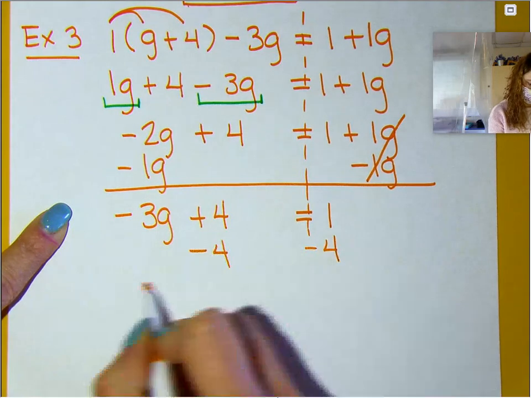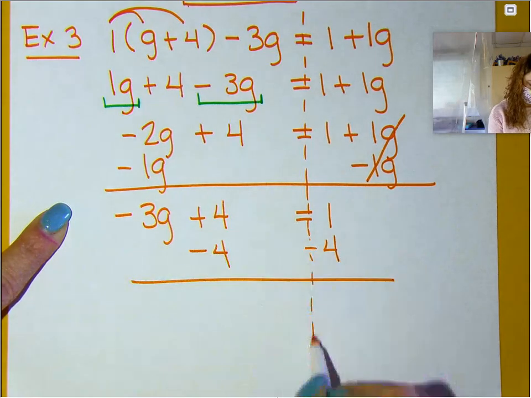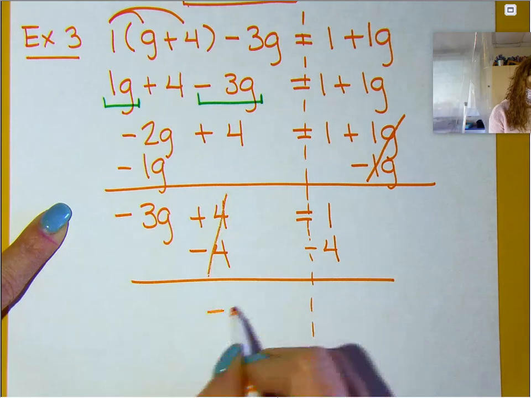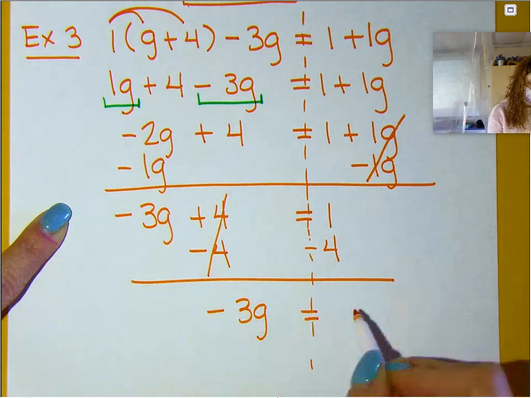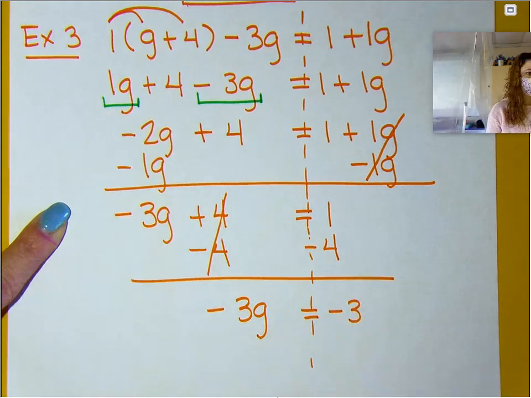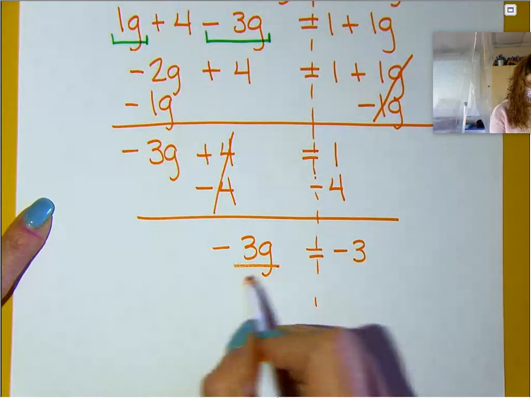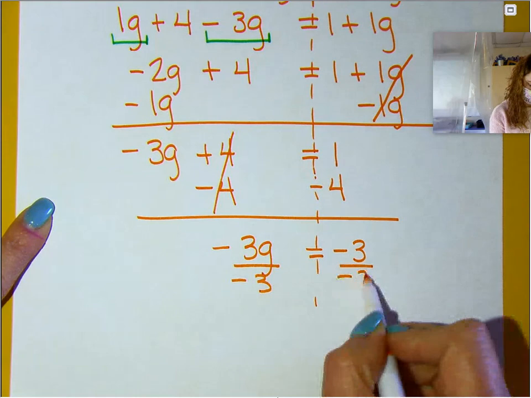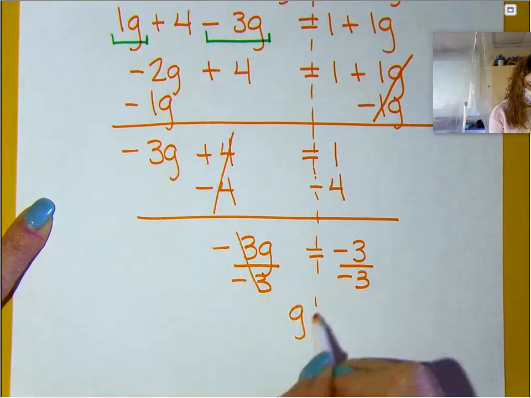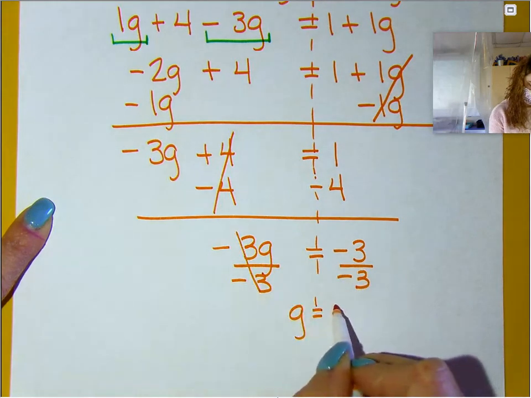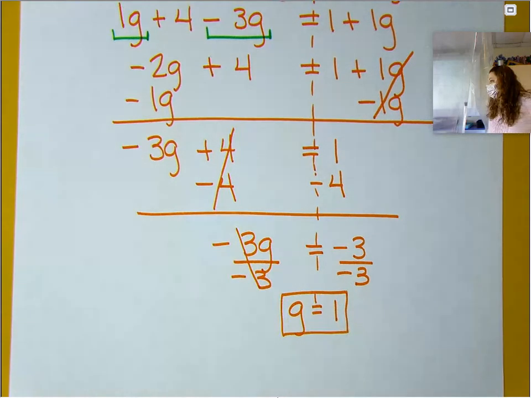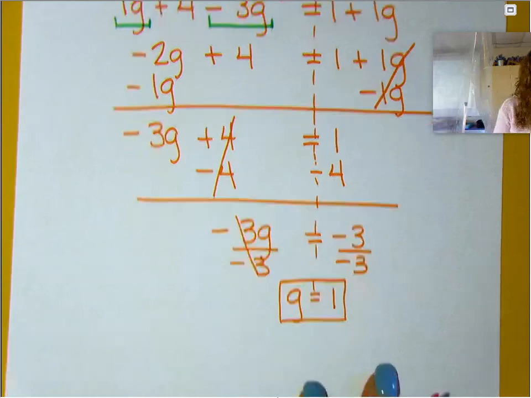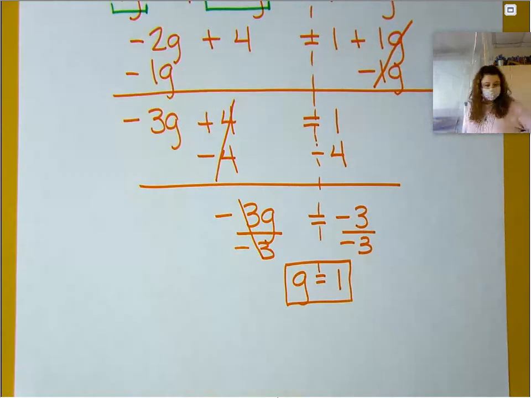Very good. And then 1 minus 4 is negative 3. Good. And then divided negative 3 by both sides. Good. So negative and negative is positive. Now G equals 1. Good. Zach, did you get that? Good. Perfect. All right. Any questions so far from anyone?